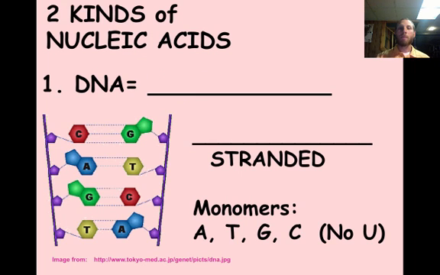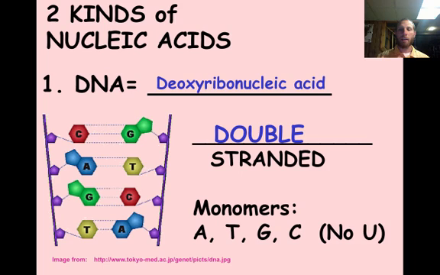Again, there were 2 types of nucleic acids: our DNA, deoxyribonucleic acid. DNA is double-stranded. And notice here the pairing relationships. Cytosine pairs with guanine, thymine pairs with adenine. And they can repeat, and this pattern is what makes each of our DNA sequences unique, and therefore our traits and our genetics unique.